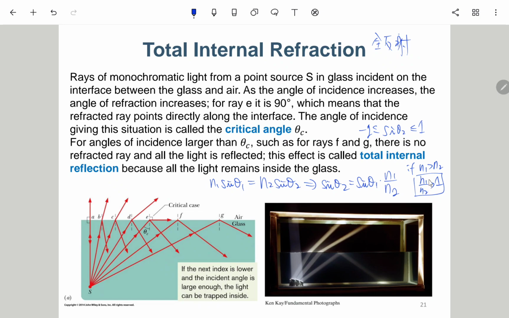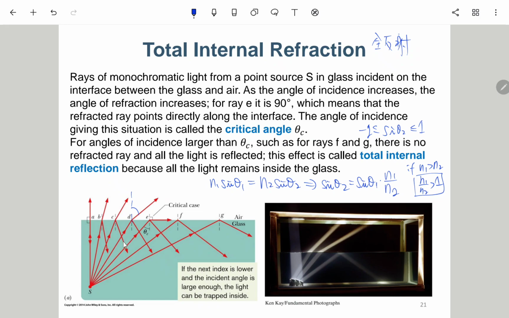So what does it mean? Here n1 is larger than n2, which means that this one has a larger index of refraction, and this one has a smaller index of refraction, so this angle should be larger than this one.